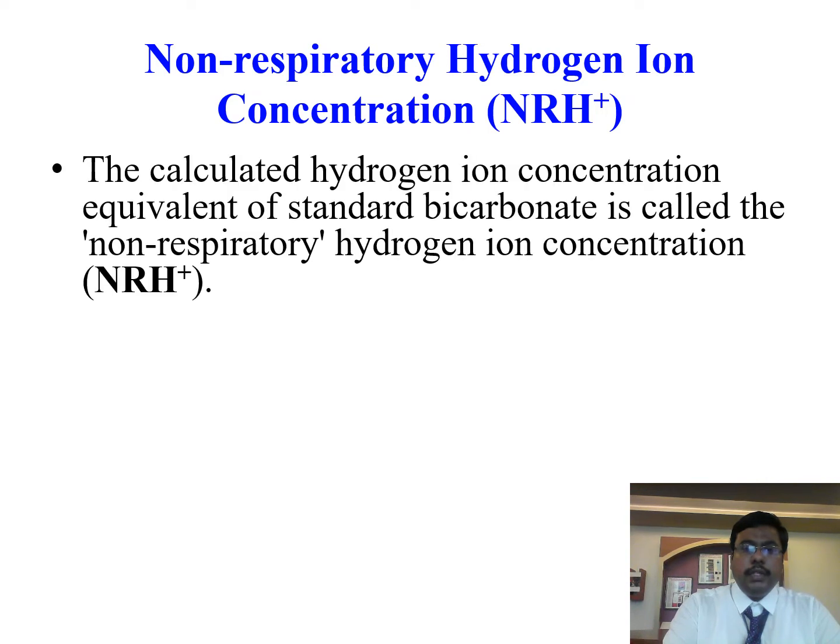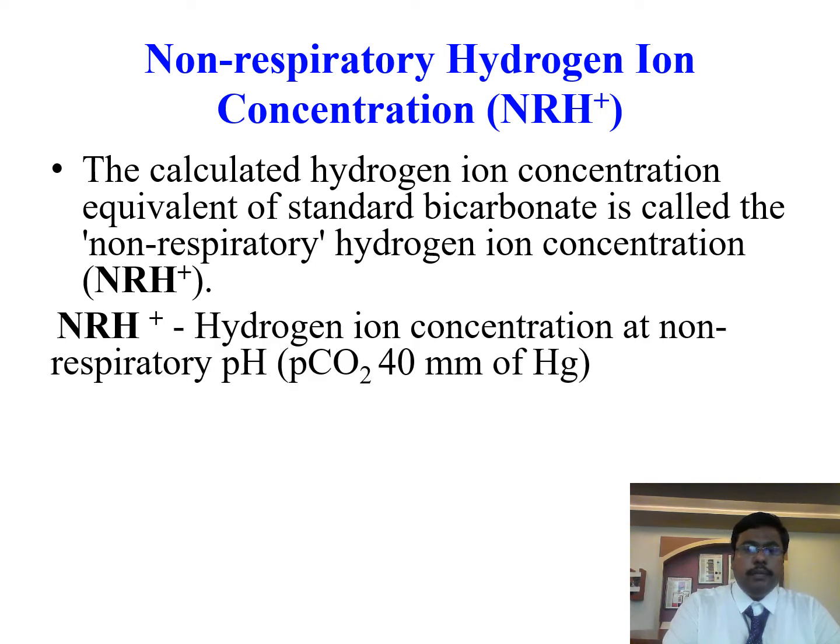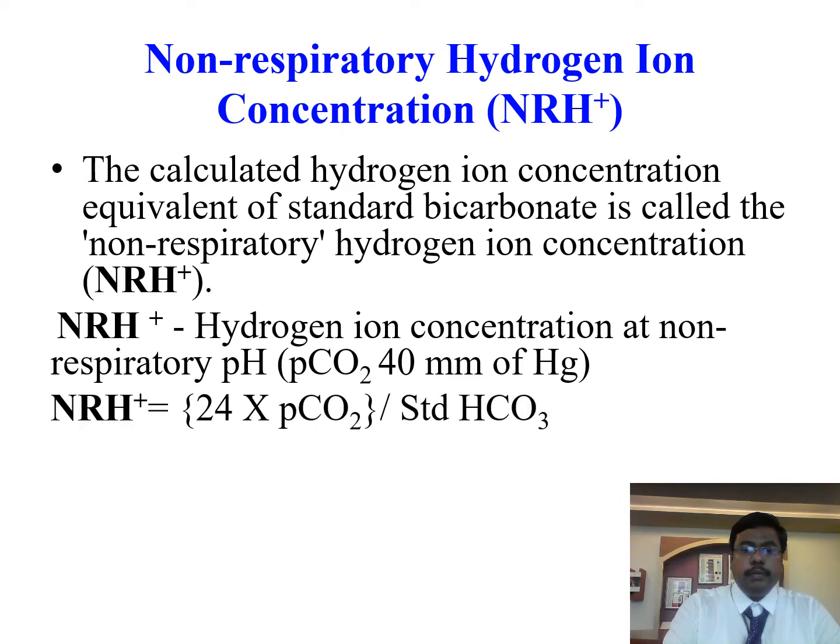Non-respiratory hydrogen ion concentration. The calculated hydrogen ion concentration equivalent of standard bicarbonate is called the non-respiratory hydrogen ion concentration, NRH plus, the hydrogen ion concentration at non-respiratory pH. So this is at a PCO2 of 40 millimeters of mercury.